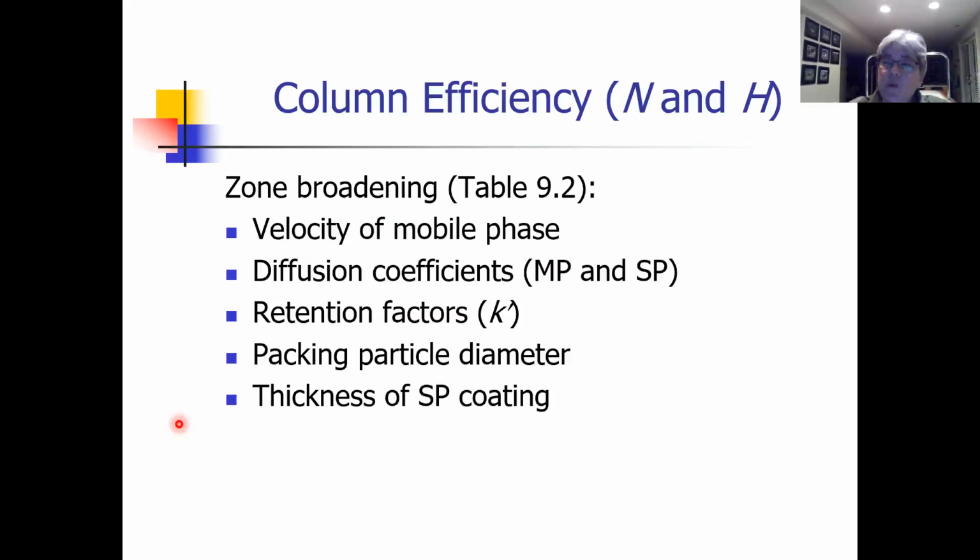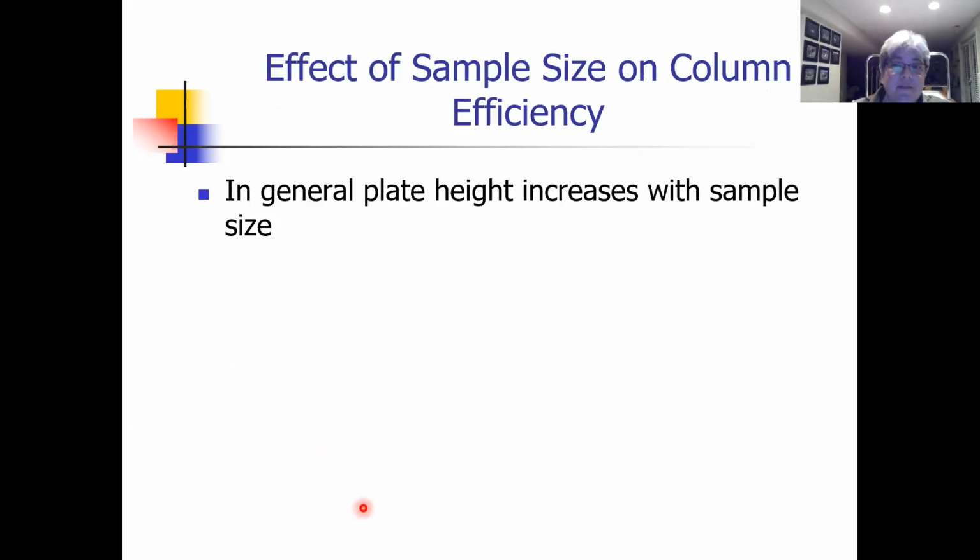Now, two of the things that we can try to adjust to help resolution and time are N and H. And remember, we want N to be big and H to be small. And we talked about that these are controlled by zone broadening. Okay, and we talked about these different variables that affect the zone broadening. There is one other factor that can affect H and N, and that's the sample size.